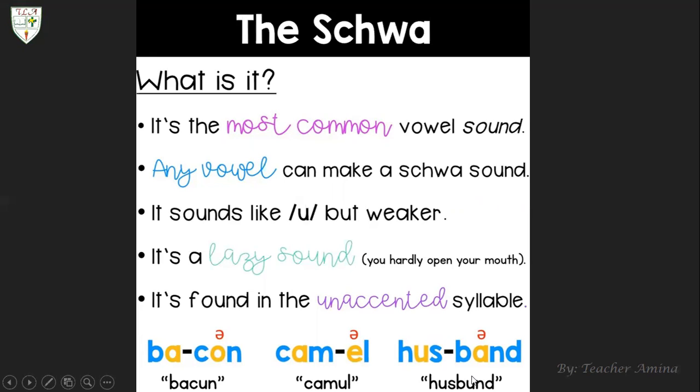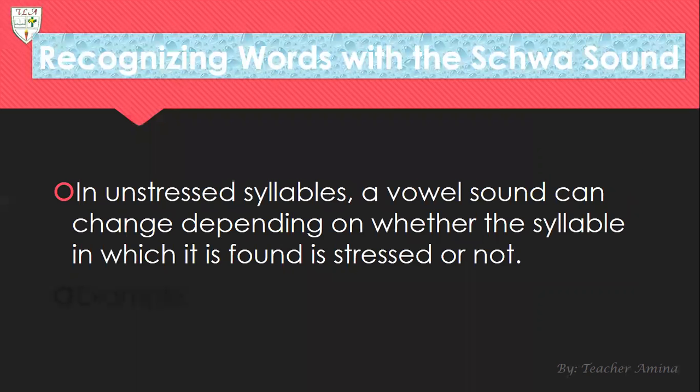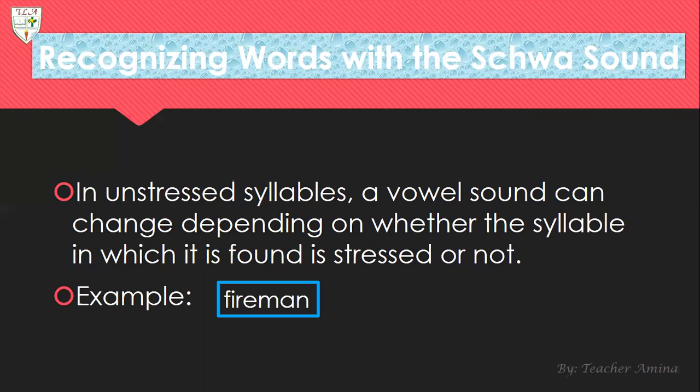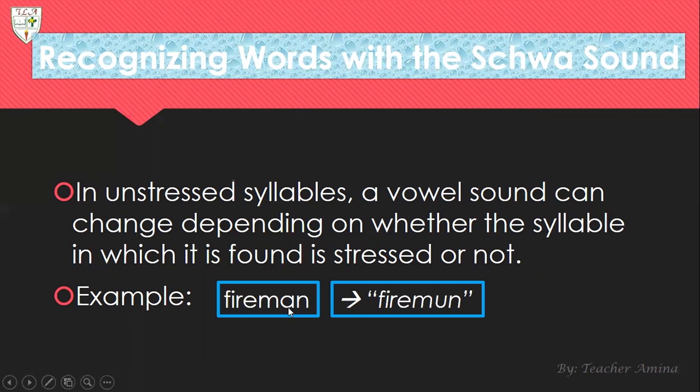It also has the U sound. In unstressed syllables, a vowel sound can change depending on whether the syllable in which it is found is stressed or not. Example, fireman. So when you say it, it's fireman. Okay, it has the U sound here on the letter E.